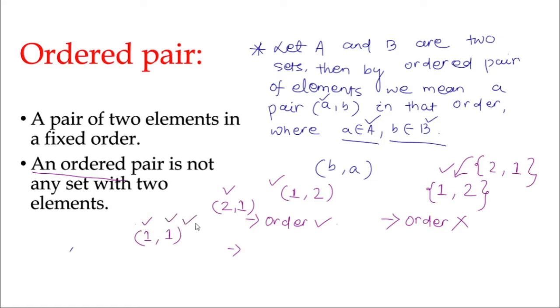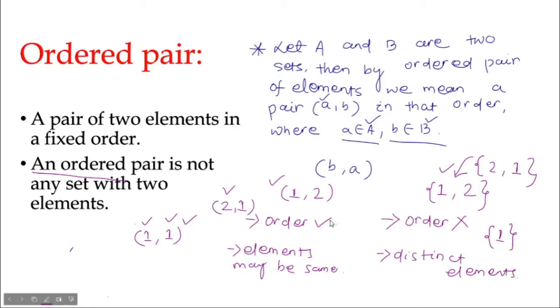So this is a possible scenario, but in case of set we cannot write any particular element two times. If I have 1 two times, then I must write it only once in case of forming it as a set. So this will be the difference.